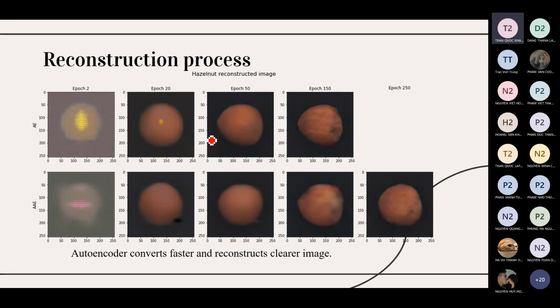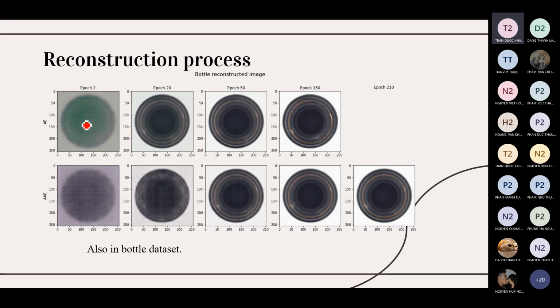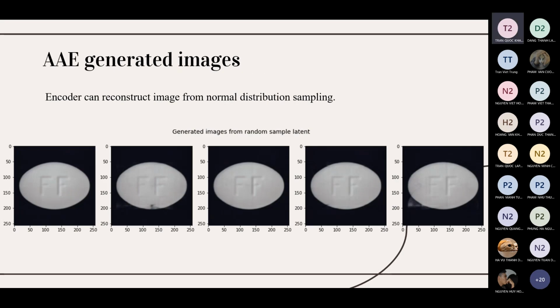And here I will illustrate the reconstruction process, and you can see that the autoencoder converges faster and gives a better image. Here is the bottle data set. And one thing I should mention, the disadvantage of the autoencoder, is that we have no control over the latent vector.